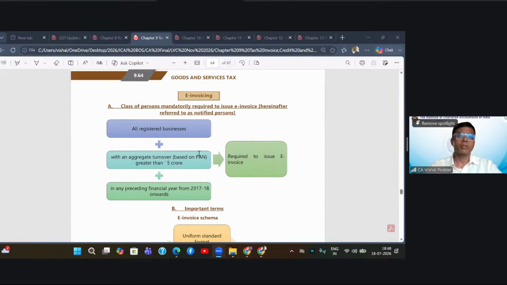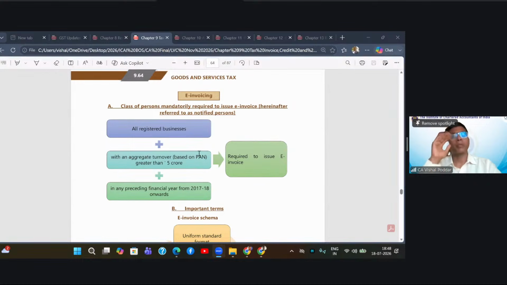So invoice will be prepared as per your accounting procedure and method. Only the thing is the details of the invoice have to be registered on the portal. And once you upload the details of the invoice on the e-invoice portal, it will give you IRN, which is the reference number, proving that your invoice details have been reported and recorded in the government's database.